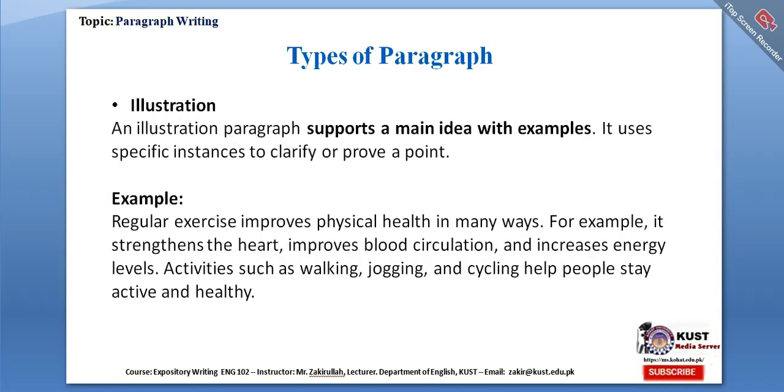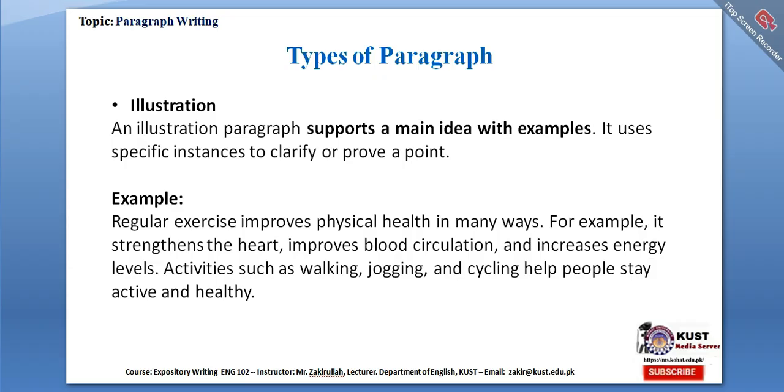And the last one is the illustration paragraph, which supports a main idea with examples. It uses specific instances to clarify or prove a point. For example, regular exercise improves physical health in many ways. For example, it strengthens the heart, improves blood circulation, and increases energy levels.